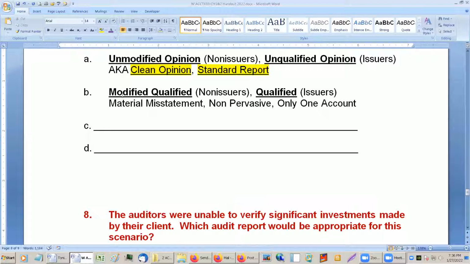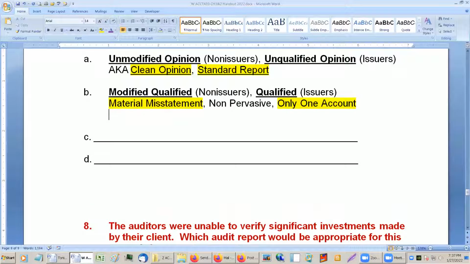Okay, so a material misstatement. This is when a material misstatement is on the books. Non-pervasive means that it's not throughout the entire financial statements. Usually only one account has this problem. This is often called an except for opinion.